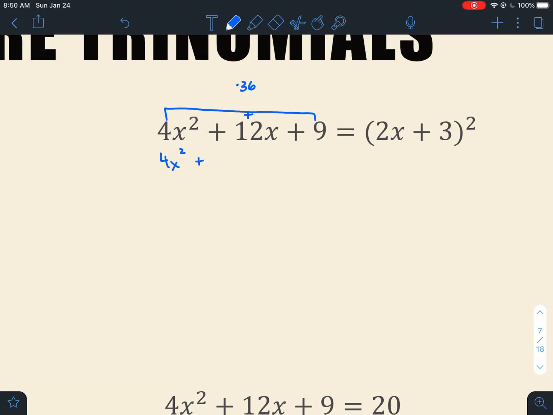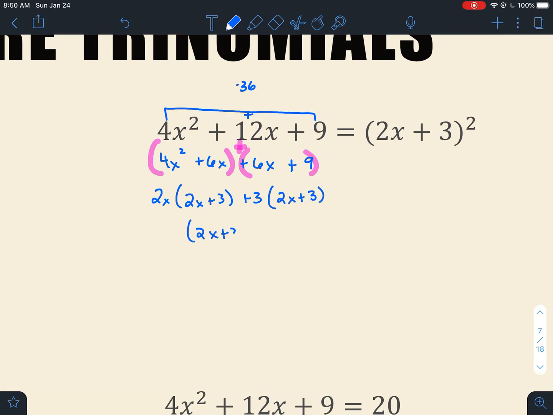So I would have 4x squared plus 6x plus 6x plus 9. Group the first 2, group the second 2, plus sign in the middle. I can factor out a 2x, and I'd be left with 2x plus 3. And then I can factor out a 3, and I'd be left with 2x plus 3. And notice, when you factor out the 2x plus 3, you're left with a 2x plus 3. So it's the same thing twice, so 2x plus 3 squared.